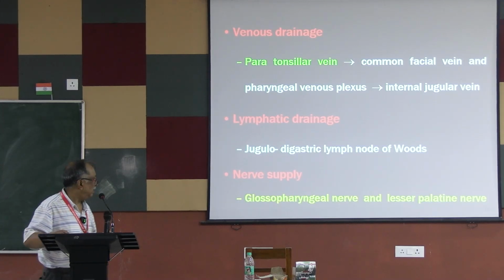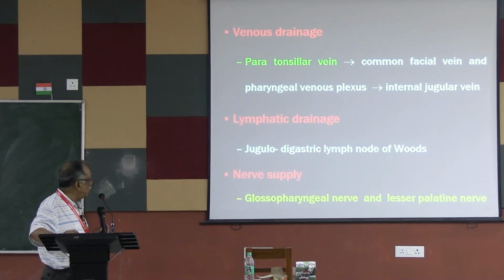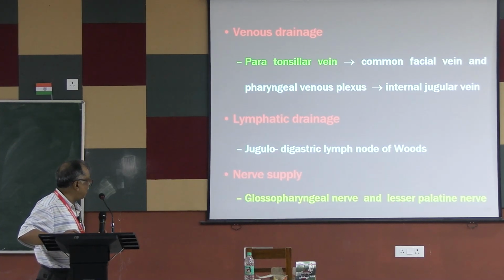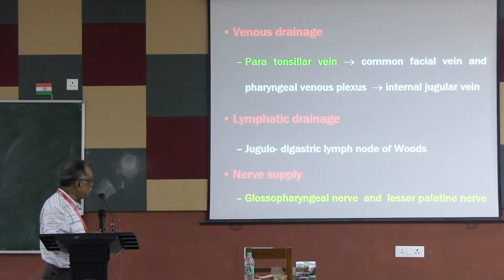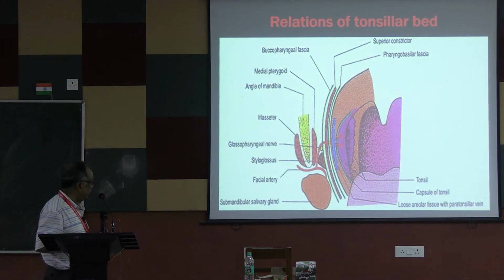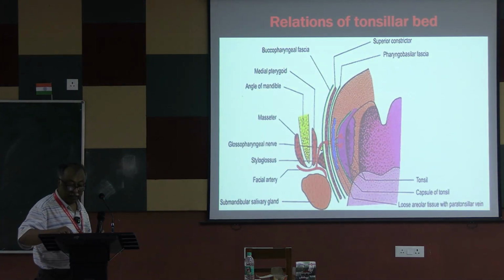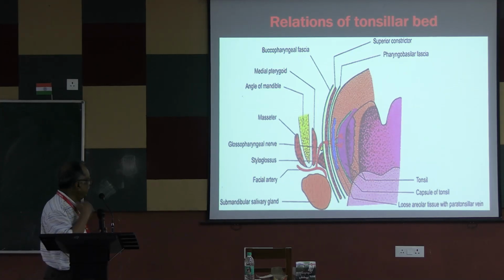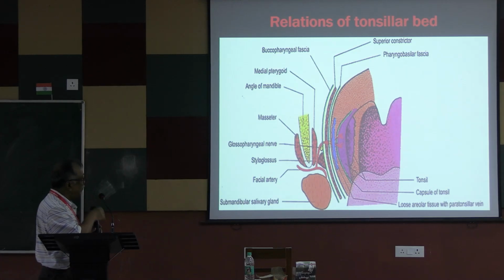The lymph node is the jugulodigastric lymph node, and the glossopharyngeal nerve and the lesser palatine nerve are the nerve supply. And this is the main thing. This is a very important anatomy for the head and neck person, and in your exam this is a set question: the vertebral fascia distribution and what is the bed of the tonsil.